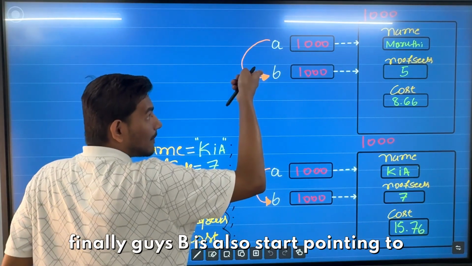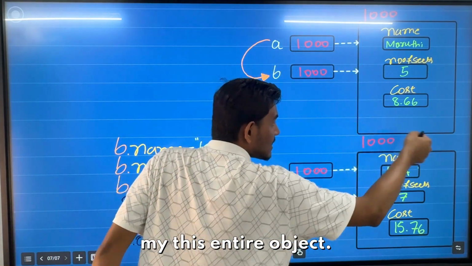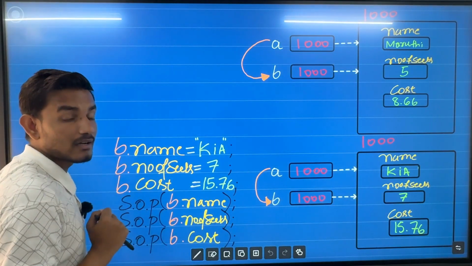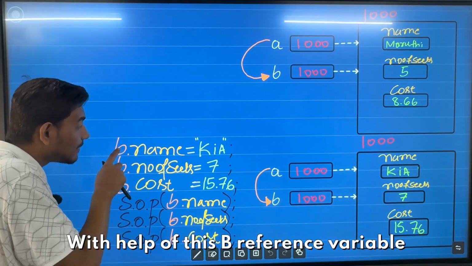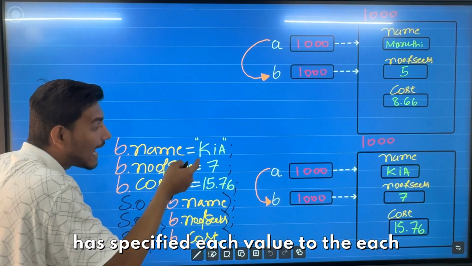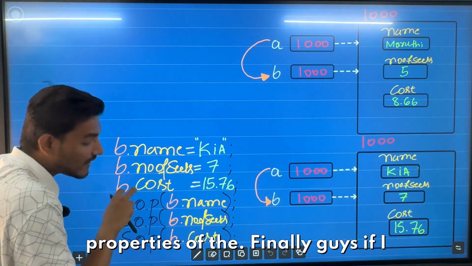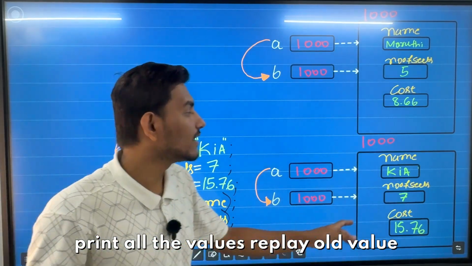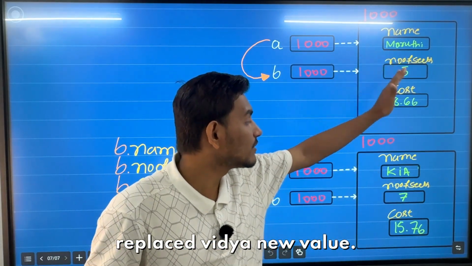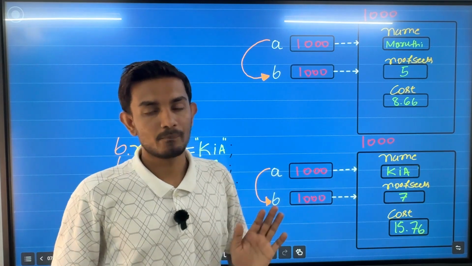Now finally, B also starts pointing to this entire object. With the help of this B reference variable, I specified each value for each property of the car. Finally, if I print all the values, the old value is replaced with the new value.